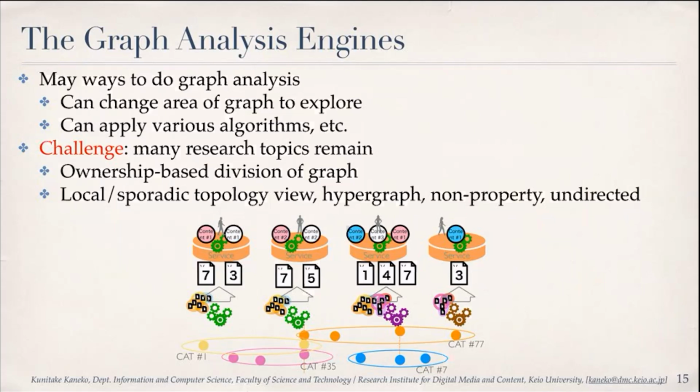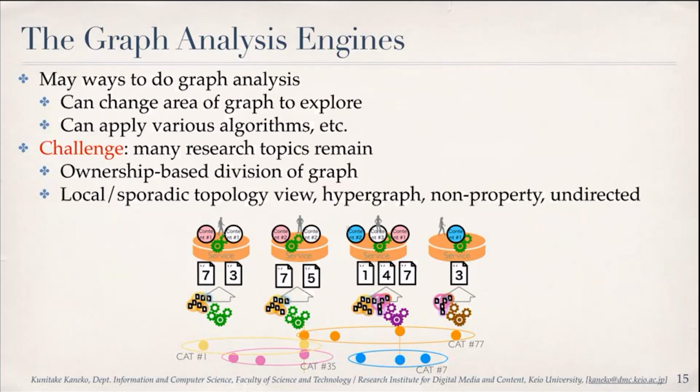And also the division. Usually Facebook does this kind of analysis in a distributed way. However, distributed processing requires a division of the graph, and that division is a computer-centric approach. So higher speed, faster division, is what they are doing right now.